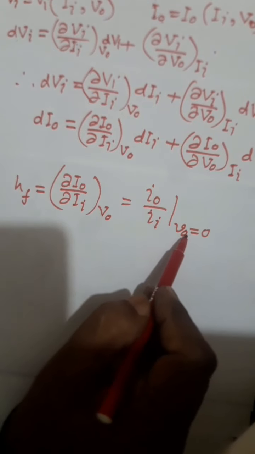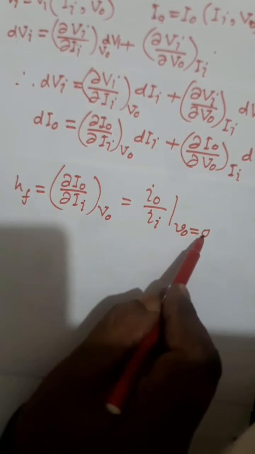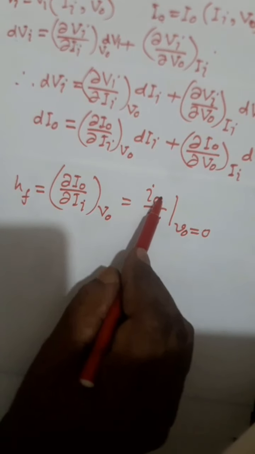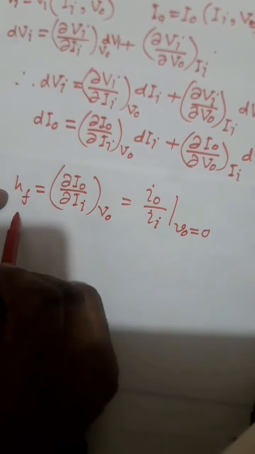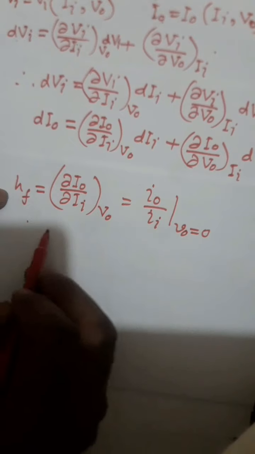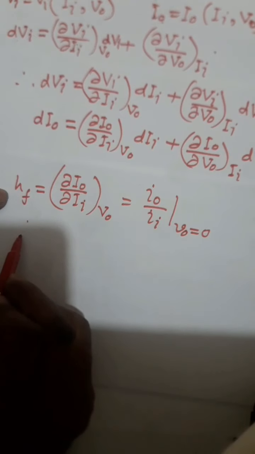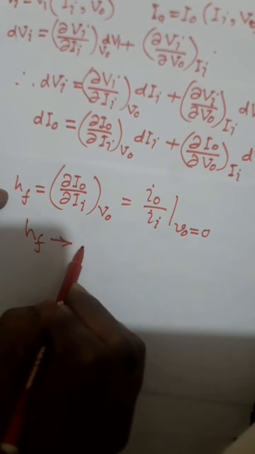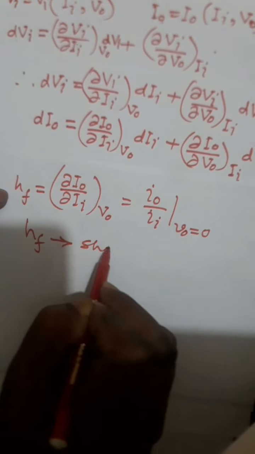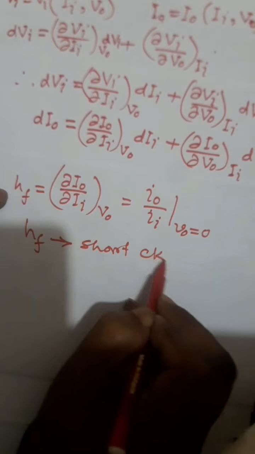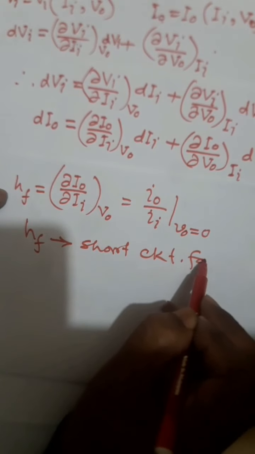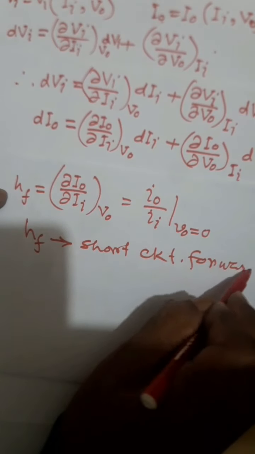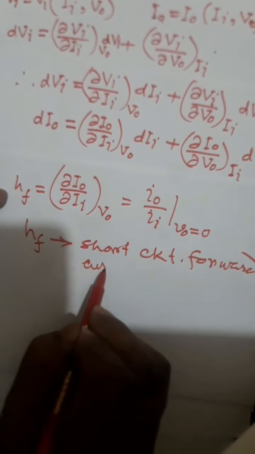So it is called short circuit current ratio, Hf, forward current ratio. Short circuit forward current ratio. Hf is the short circuit forward current ratio.